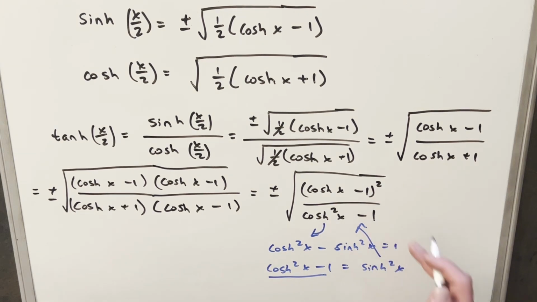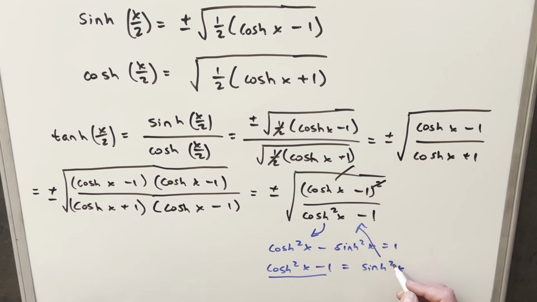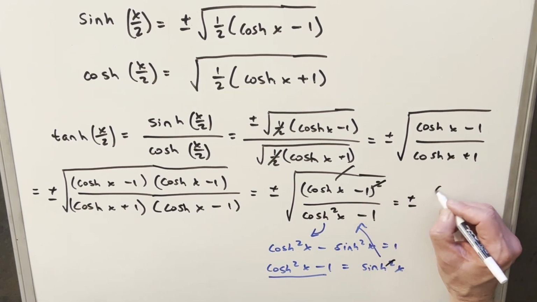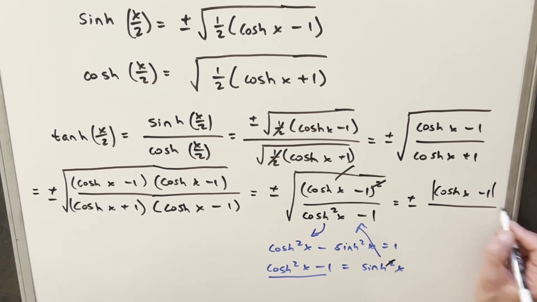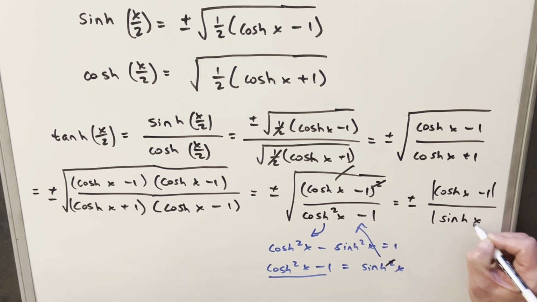But now because we have the numerator and denominator squared, we can basically cancel everything out here. So I can rewrite this. We'll have our plus or minus in front. The numerator is going to become cosh x minus 1 absolute value. And then we have our sinh squared inside the radical, so this becomes absolute value sinh of x.